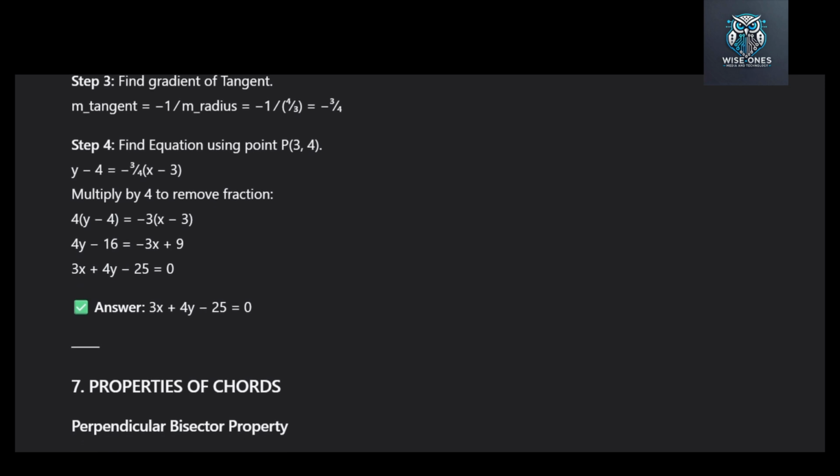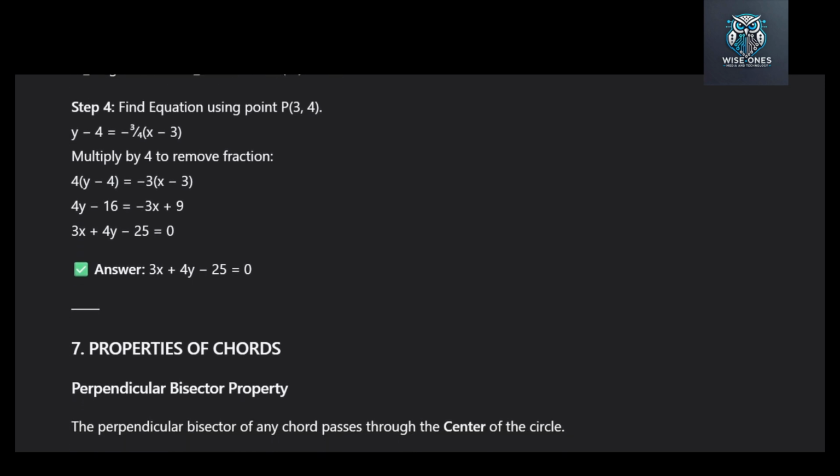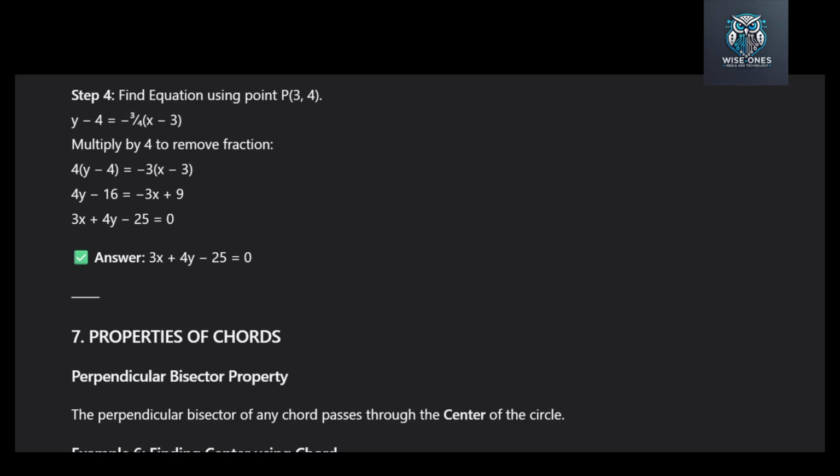To remove the fraction, multiply the whole equation by 4. 4 times (y minus 4) equals negative 3 times (x minus 3). Expand. 4y minus 16 equals negative 3x plus 9. We usually write the equation in general form with x and y on one side.